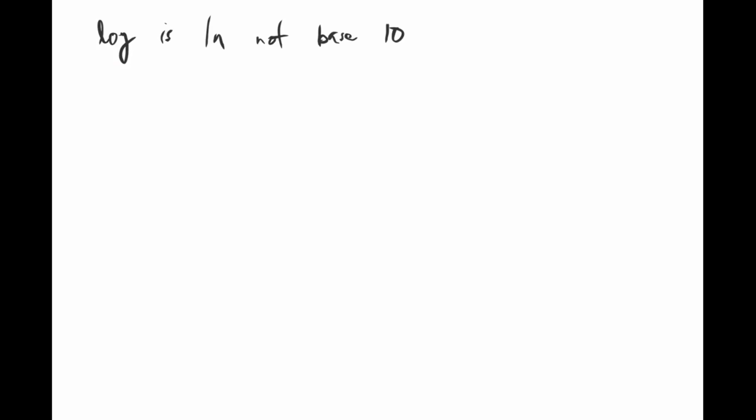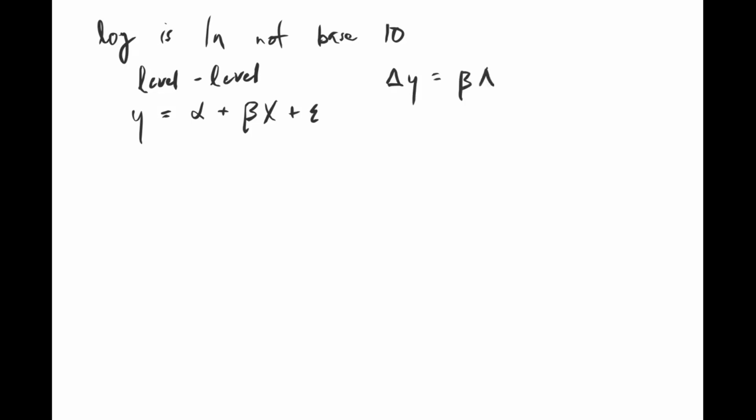Okay, so everything we've talked about so far is in this form: y is equal to alpha plus beta x plus epsilon. This type of model is called level. As we do an interpretation of this, the change in y is equal to beta times your change in x, right?